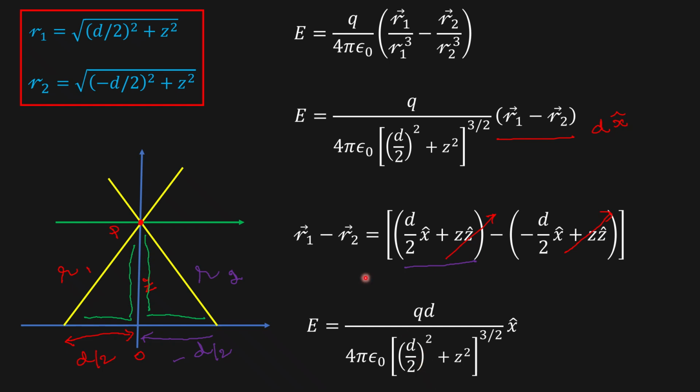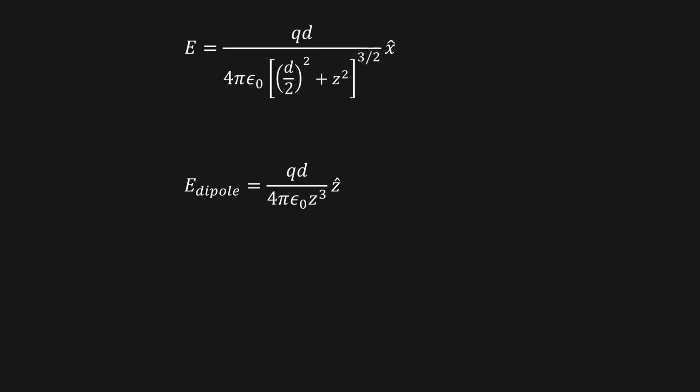So now we will see some more detail about this. We got this expression: E is equal to q d, that is the dipole moment, over 4 pi epsilon naught times d over 2 whole squared plus z squared, whole power 3 by 2.